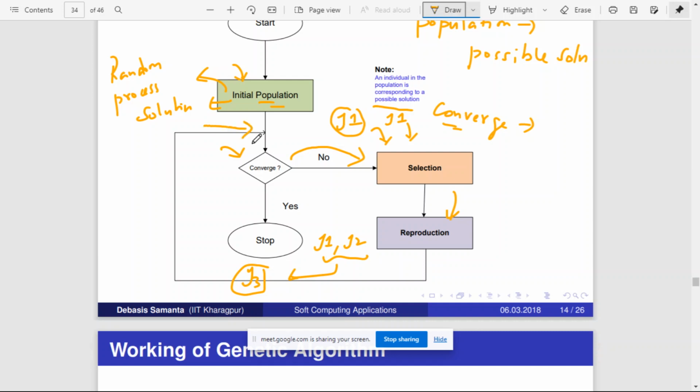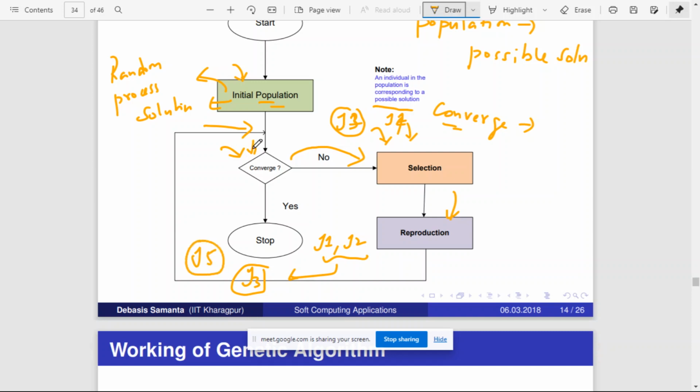Again you come back and check, are you happy with this new solution I3 or not? If you are not happy with I3, then once again go for selection. Select some other individuals, maybe I3 and I4, perform crossover, and create a new solution, maybe I5.